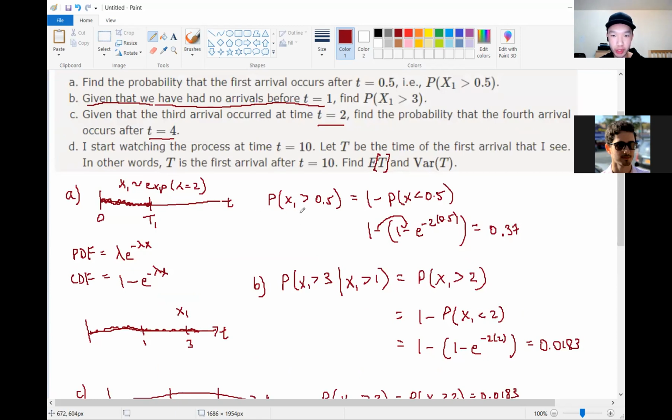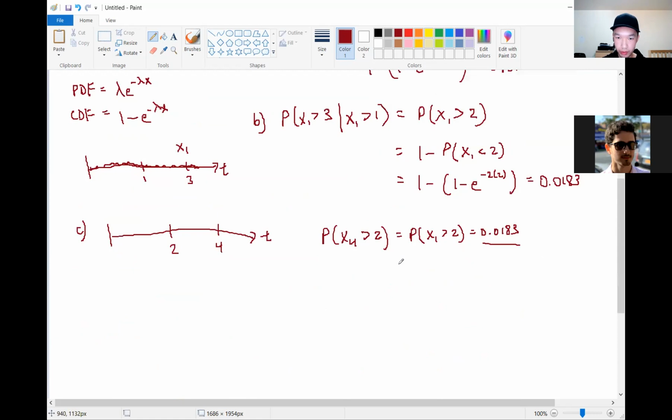So does anyone remember the expected value and variance formulas for an exponential? The expected value of an exponential, I think it was 1 over lambda.